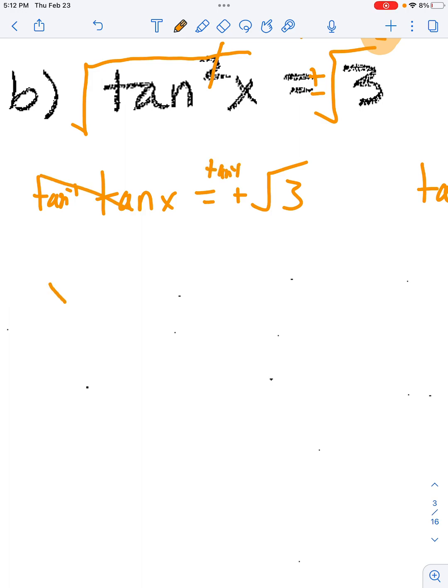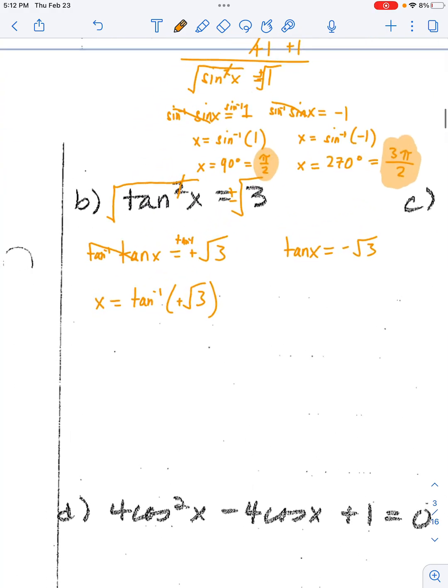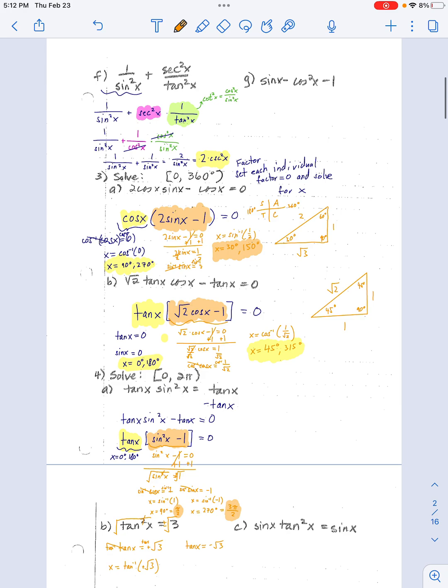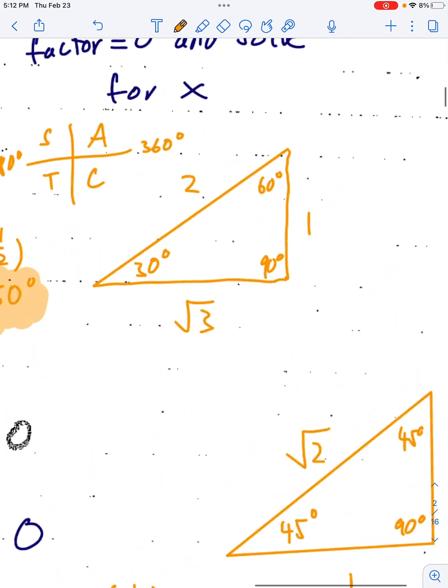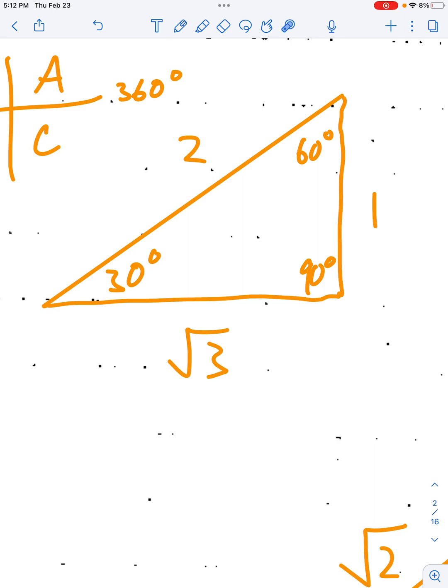All right, stuff like this is on your chapter test next week, so you've got to know how to do it. x equals the angle whose tangent is positive root 3. Let's come up here. Which angle in this triangle has a tangent, an opposite over adjacent, of root 3?